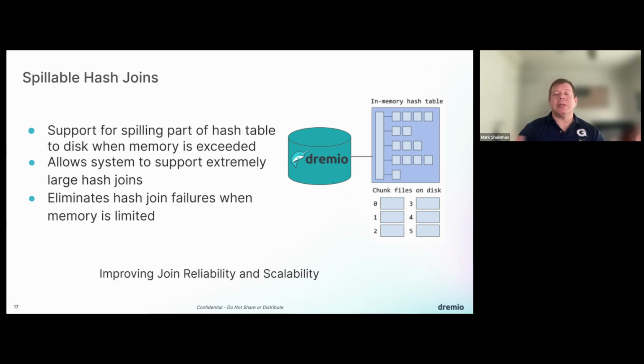What this truly brings is that organizations can execute massively large, very complex join processes within their environment, and it eliminates hash join failures when memory is limited within a Dremio environment. So the overall theme is improving the reliability of queries within Dremio, and in this case, with spillable hash joins, we're improving join reliability and scalability as well.